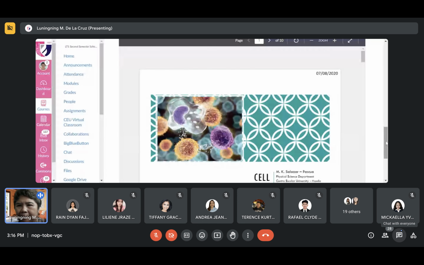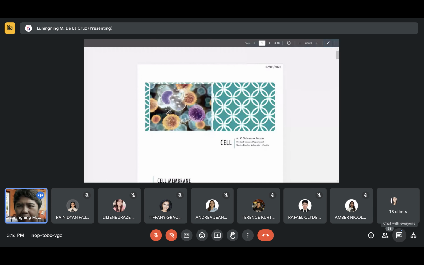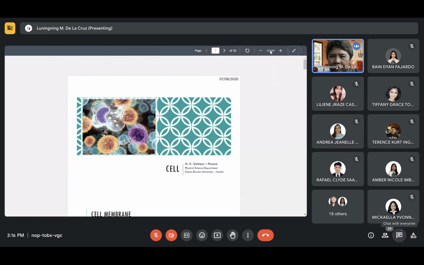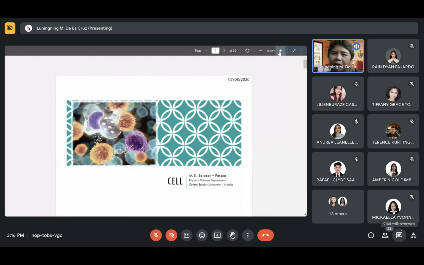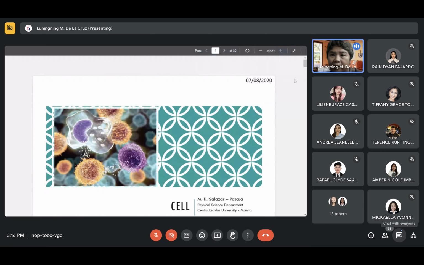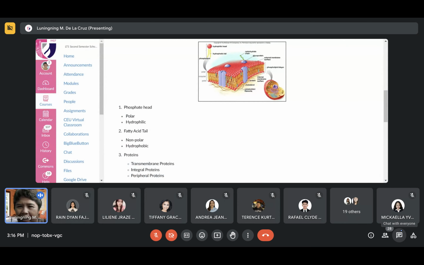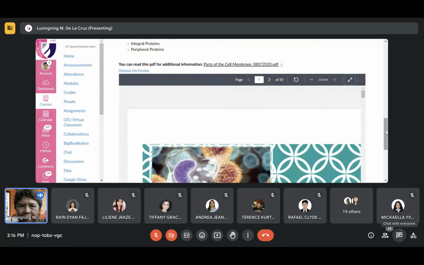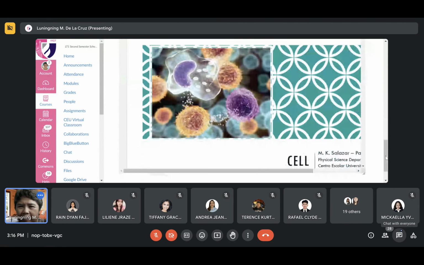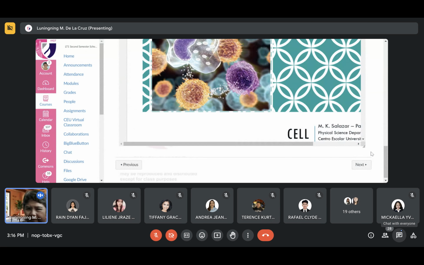Wait lang anak. Kanina nakita natin yung cell membrane. Ay, hindi na ano. Okay, wait lang anak ha.